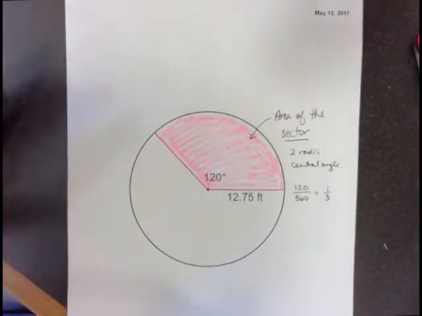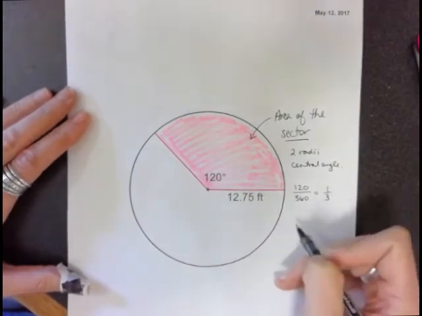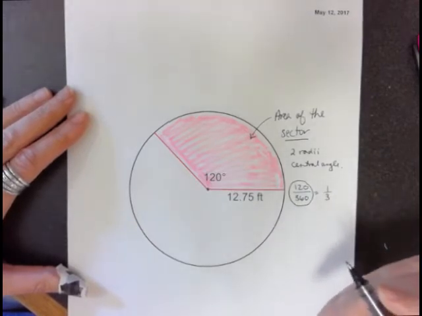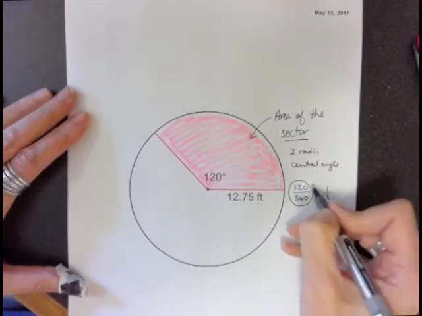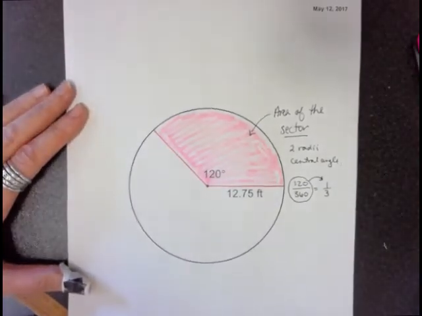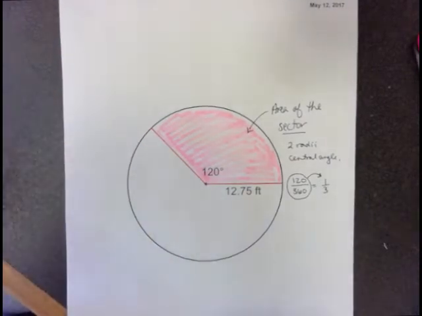Because 120 degrees over 360 degrees gives us 1/3. And again, 120 over 360 is the fraction, and we're just going to reduce it to 1/3. So the question is how can I find the area of this sector? I want you to pause the video and see if you can do it without me.